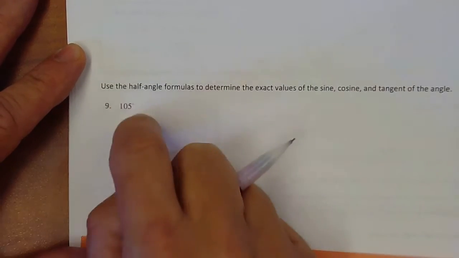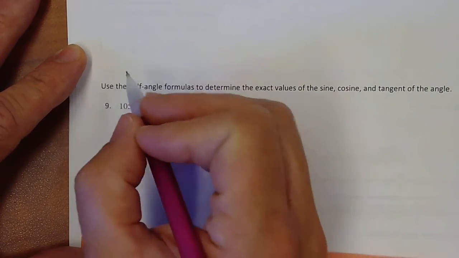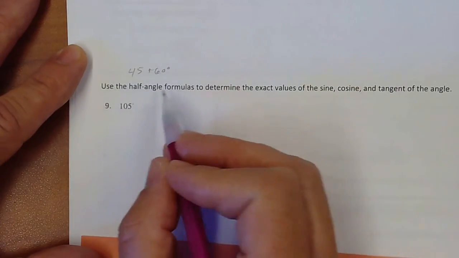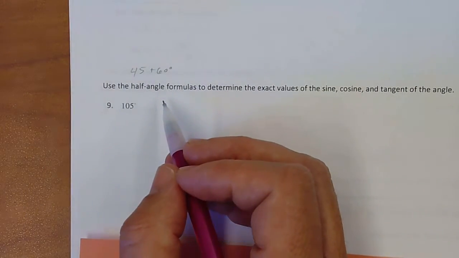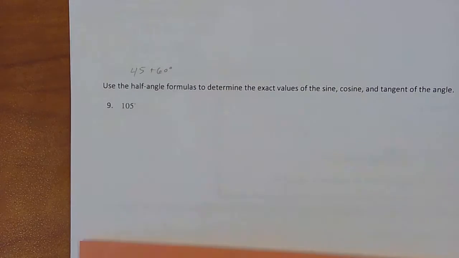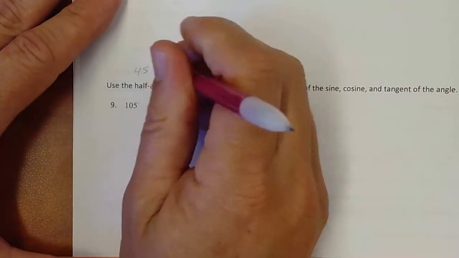Like 105 right now does not have a good reference angle if we were to draw that. But before we wrote that as 45 degrees plus 60 degrees was one option. And that's still an option to find the exact value. But sometimes we want to use the half angle formula. You'll see why in other numbers where that's not an option. For this particular one, we do have options. But anyways, we're going to use the half angle formula.